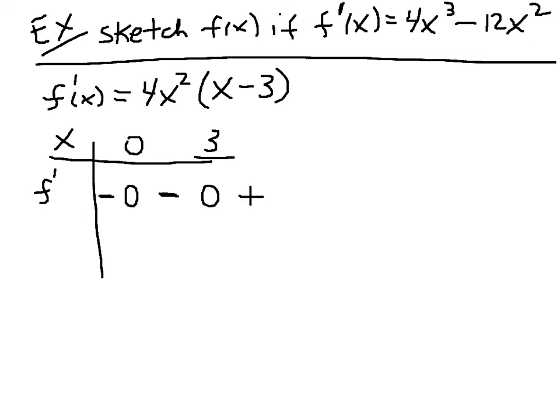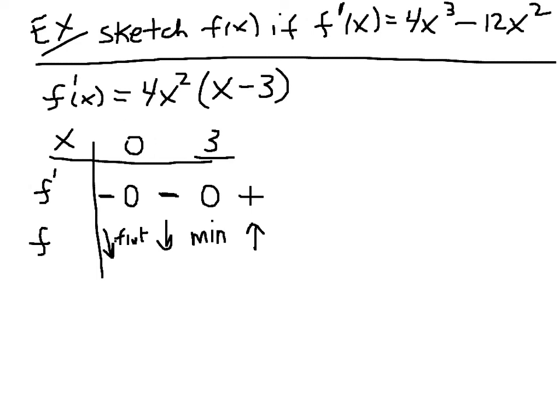The first derivative doesn't change sign when x is equal to 0. So here's what it tells us about f. F is decreasing there, flat here, decreasing still, increasing here, and so what we have is a min at x equals 3.